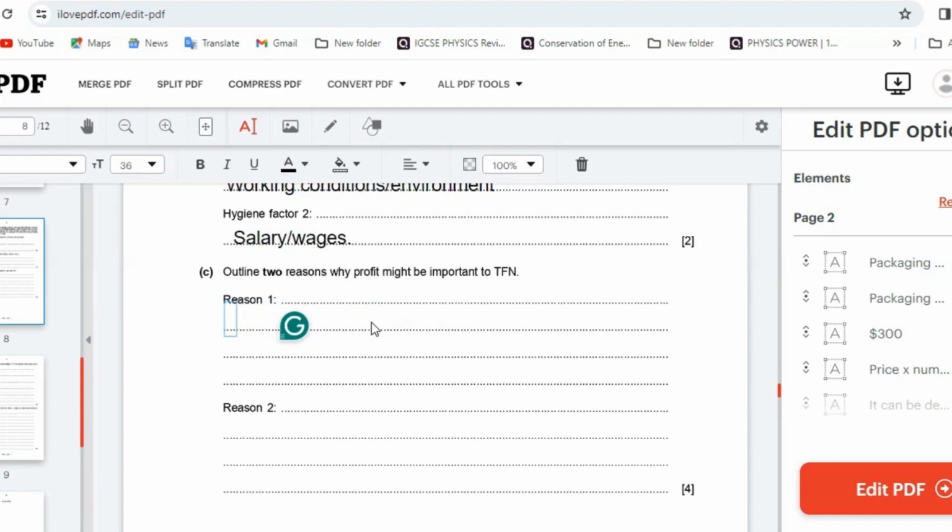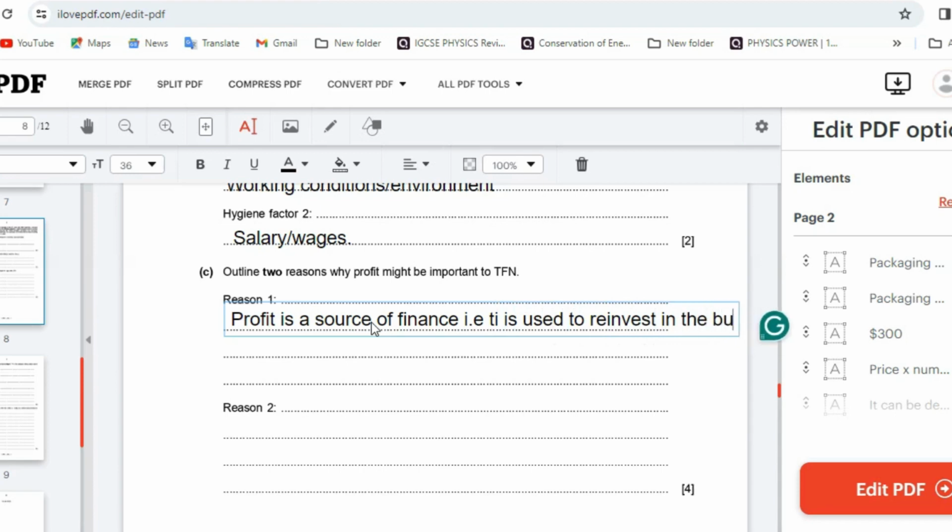As we all know, profit is a source of finance. It is used to reinvest in the business. It can also be used for day-to-day running, as working capital. It can also be used to pay debt or loan.